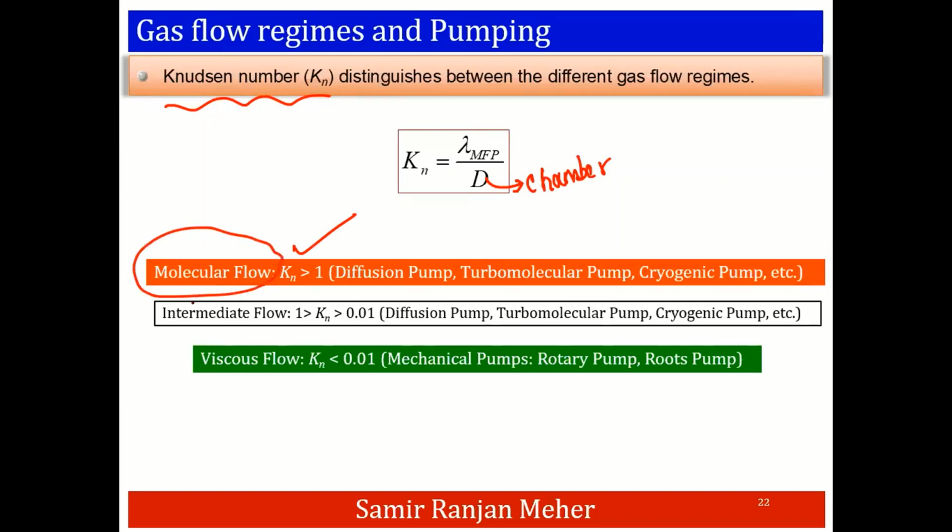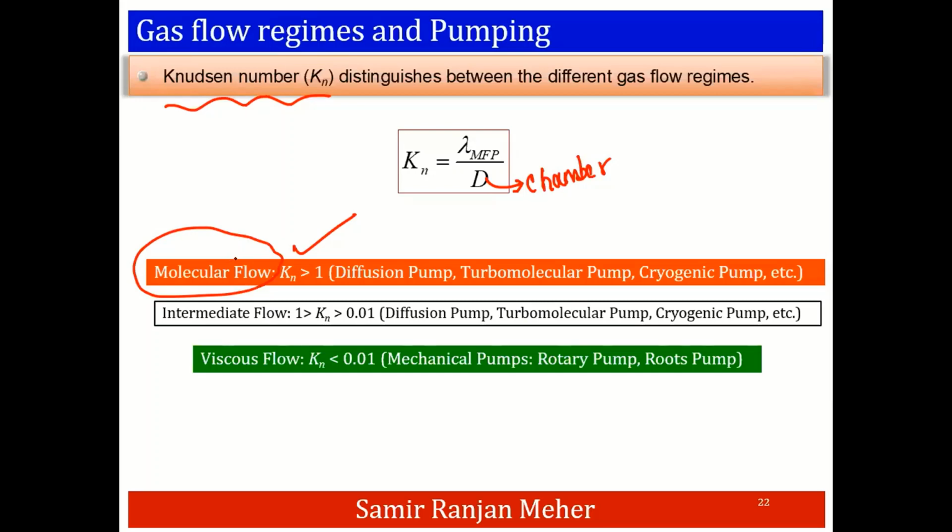That means the gas loses its viscous property and the molecules are only flowing inside the chamber. The concentration, the number of molecules, is very low in this case, so the pressure they exert on the walls of the chamber is also very low.